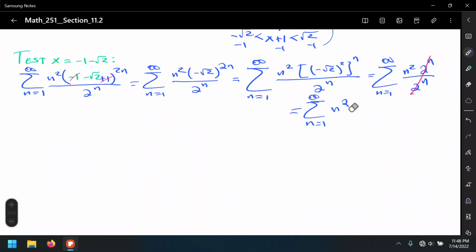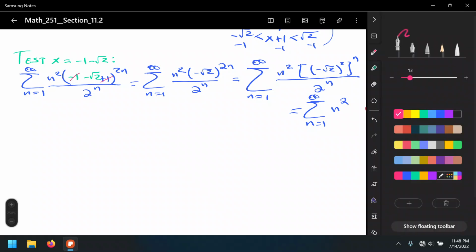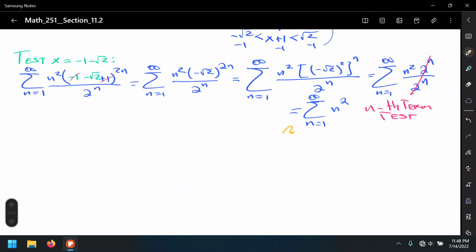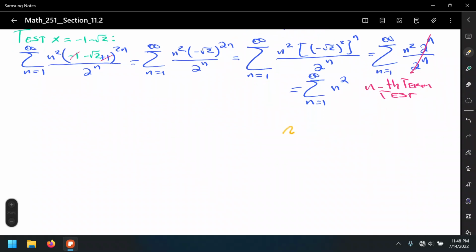But come on, look at this series. So that's an n squared. So there's a couple of ways to look at the series. Number one, sigma n equals 1 to infinity n squared, we can use simply the n-th term test, for which the limit has to be not equal to 0 to show divergence.